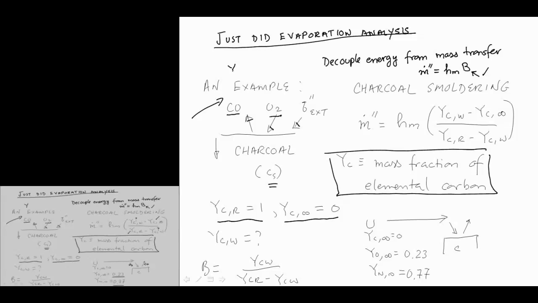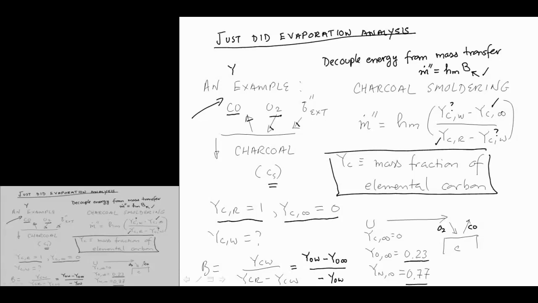In terms of B now, B can be thought of as YCW over YCR minus YCW, but it's also just as useful to think about it in terms of YOW minus YO infinity divided by YO in the reservoir. Well, there's no oxygen in the charcoal, so that's 0 minus YOW.